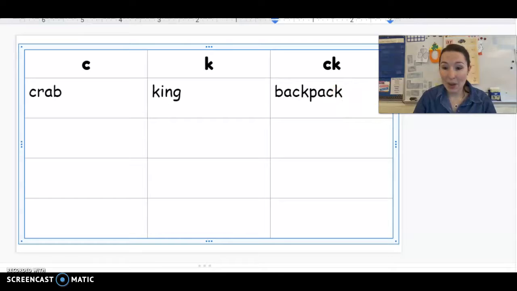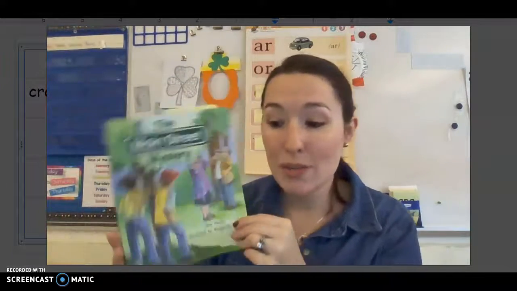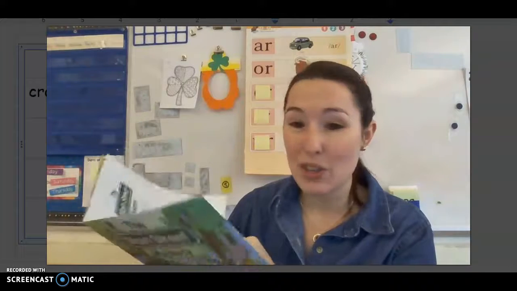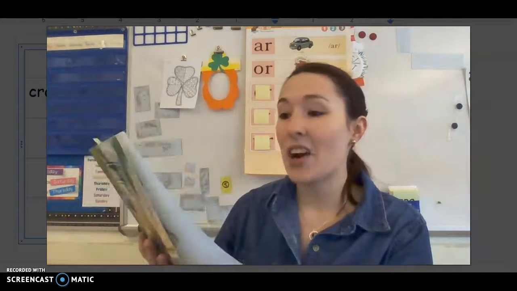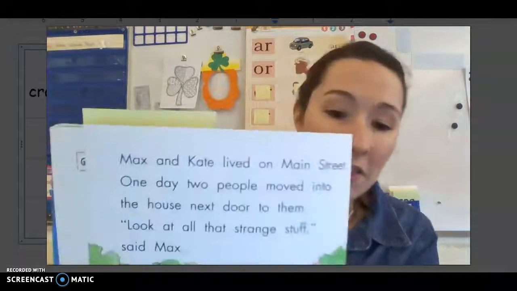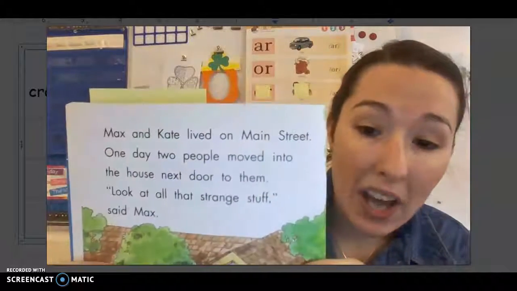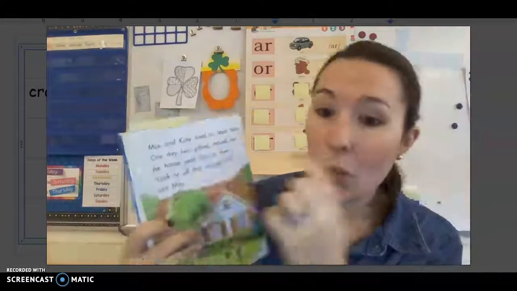The other option you have is if you have a book, which you all do either online or at home, you can use a book and look through and see what words you can find that have our letters. So if I look on my very first page, in this book, I see the name Kate, which actually doesn't follow our rules. Look, I told you for every single one, there's a rule breaker.